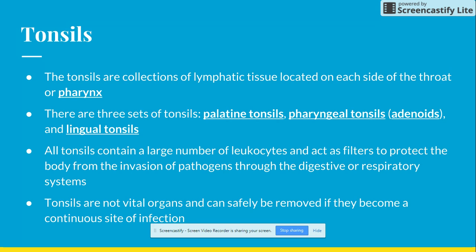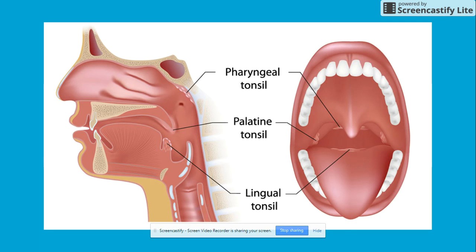They're going to act as a protection against pathogens that are coming in through the digestive or respiratory system, which makes sense that it would be in the throat. Because as you breathe in with your mouth or with your nose, it's going to go back down your throat. And so the tonsils are going to catch anything coming that way. Or if you're eating something you're taking in through your mouth, this is going to help protect you from that.